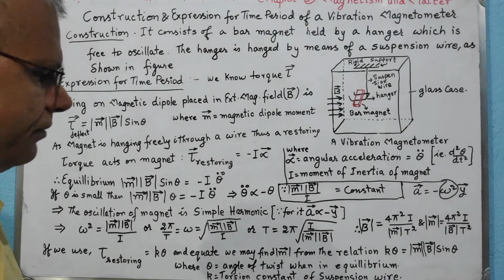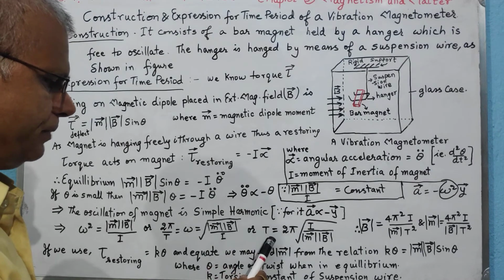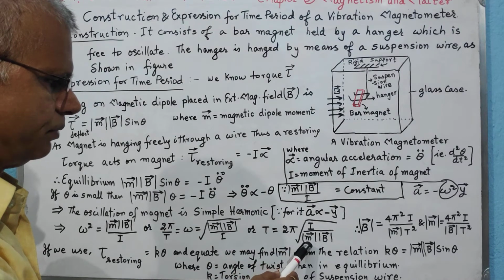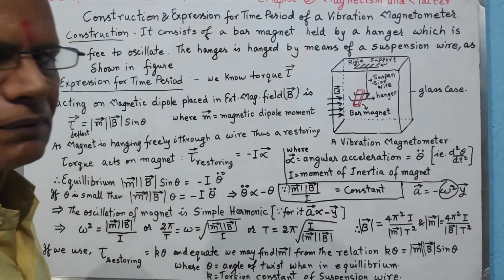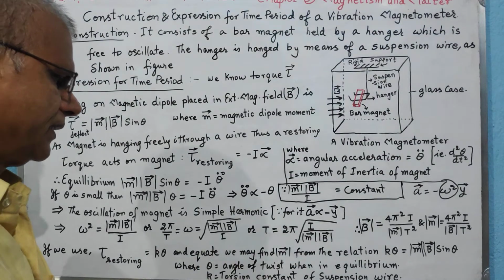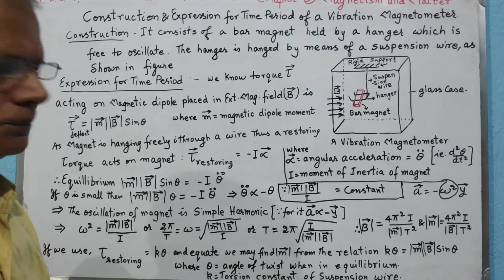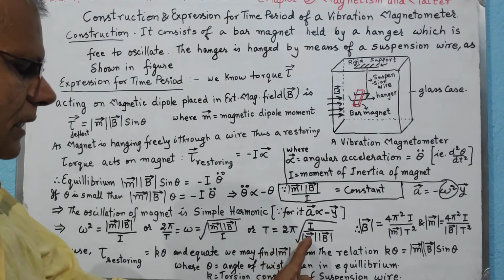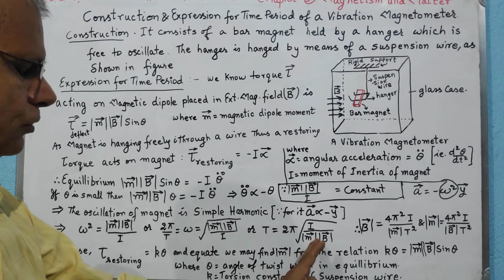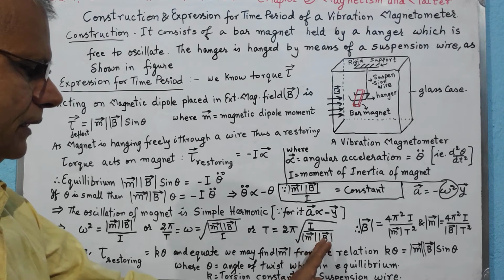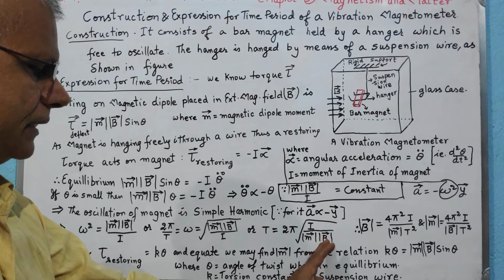So there are three variables over here: time period of oscillation, magnetic dipole moment, and external magnetic field. Out of three, the time period of oscillation can be determined by using this device. So there are now two unknowns: magnetic dipole moment and external magnetic field.